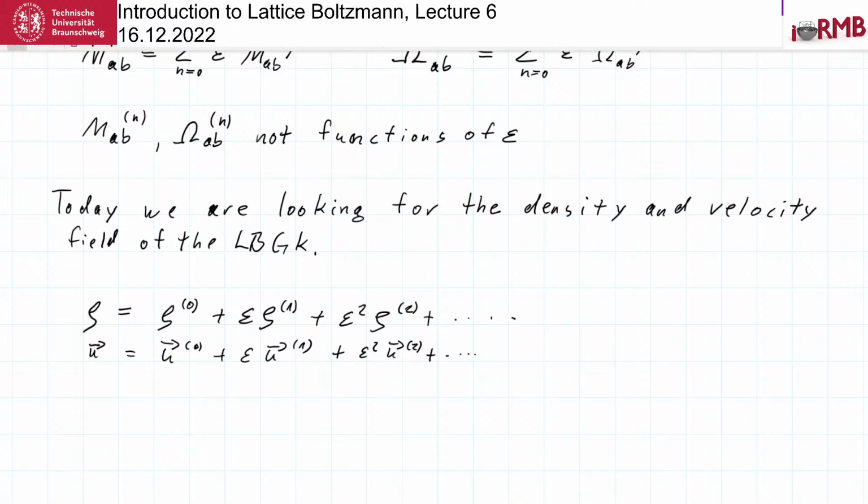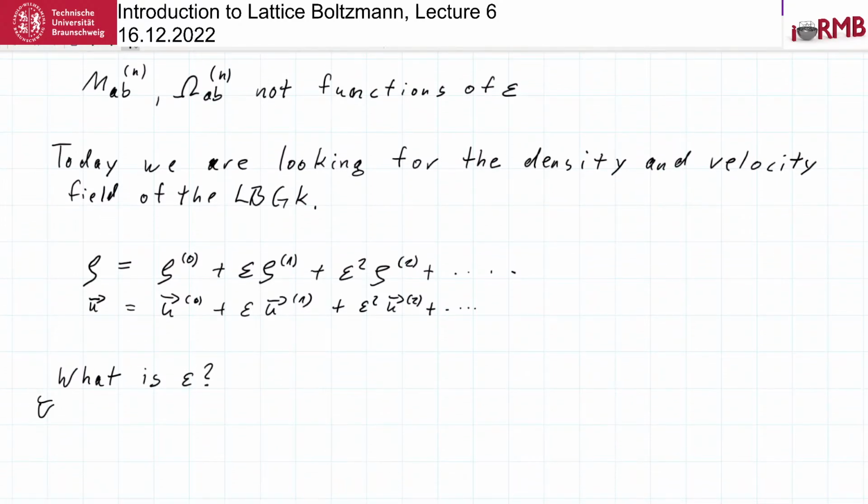Now we have been very abstract so far. Now the problem is, what is epsilon in the first place? Because we said it could be the grid spacing or it could be the time step. So is it the grid spacing or is it the time step? The problem being that in LBM there are two numerically small parameters.